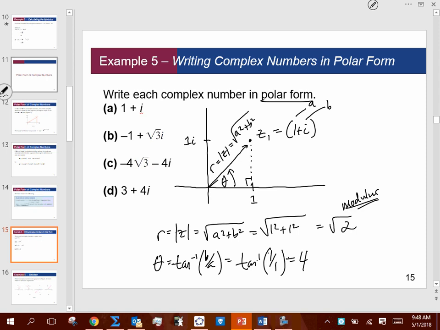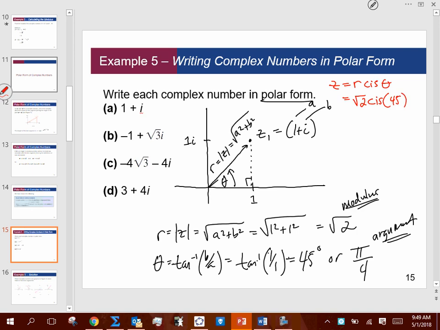Just pay attention to how they want their answers, whether they want degrees or radians. Obviously, radians is more natural, but we're probably more comfortable with degrees still at this moment. Okay? But that is your argument. So now, writing our answer, we've got those components. z in polar form is r cis theta. r was radical 2. I write cis, and then I put theta.